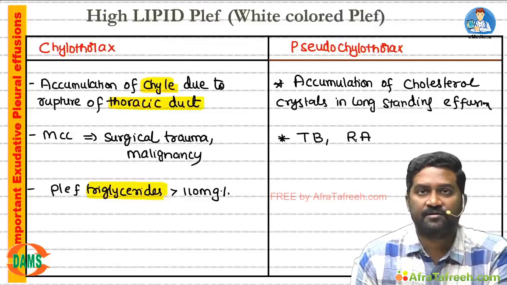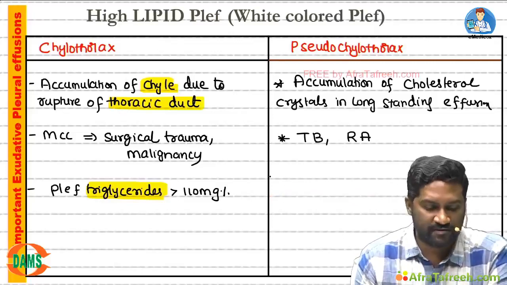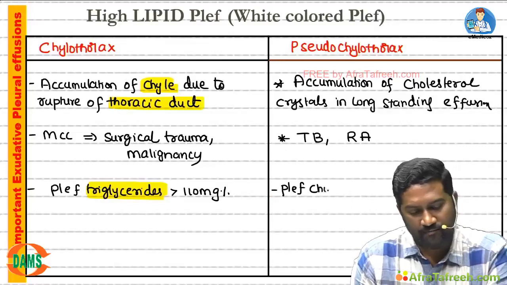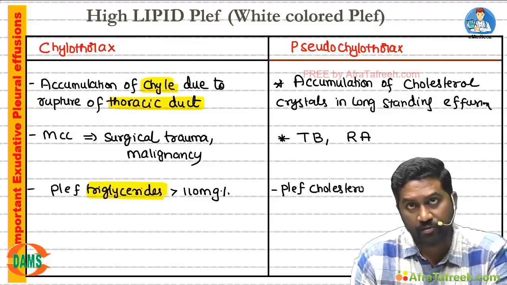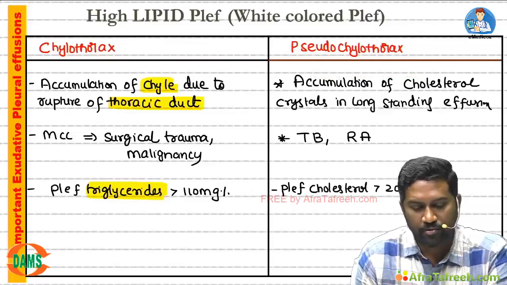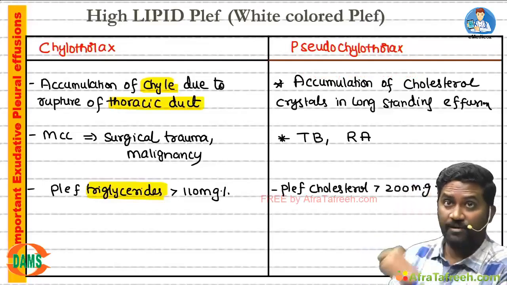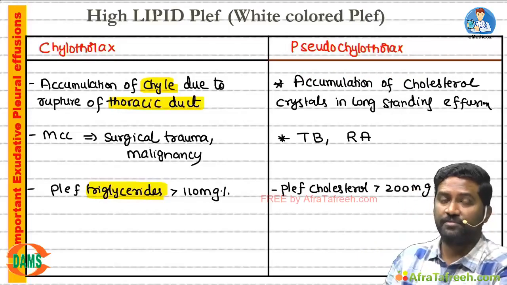Tubercular effusions and rheumatoid arthritis effusions are generally chronic effusions. And here pleural effusion cholesterol will be more than 200 mg%.